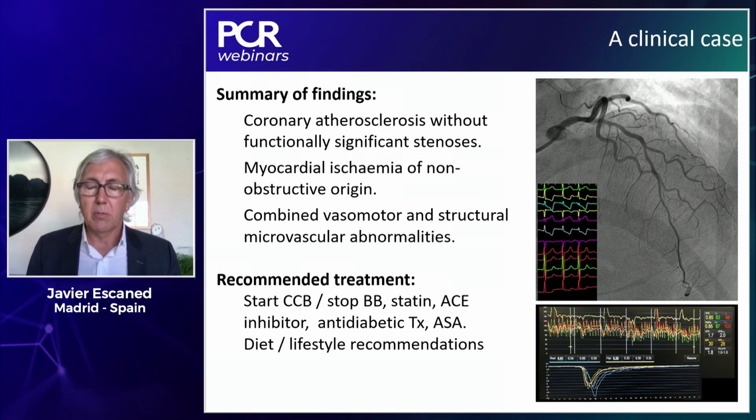Of course, we emphasized the importance of keeping antidiabetic treatment. And on top of that, we added aspirin, because this patient has epicardial atherosclerosis. And we discussed with the patient and with the physician the importance of diet and lifestyle recommendation. My final slide has to do with the consequence of what happens if you ignore these type of things.